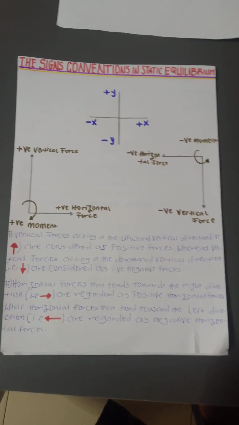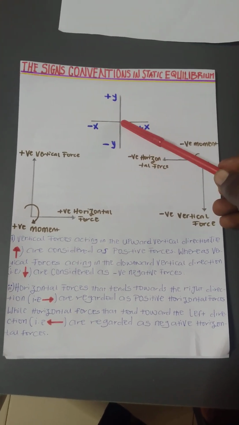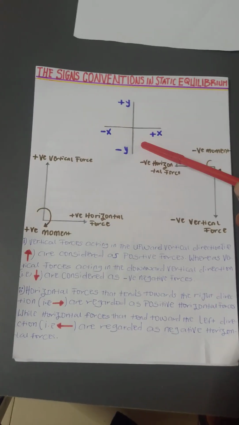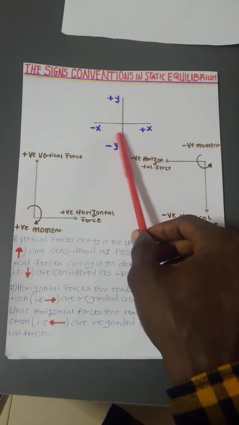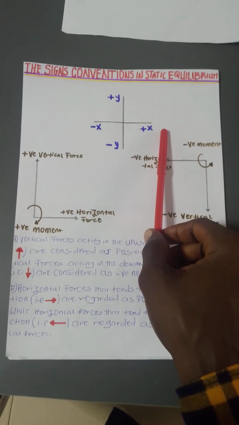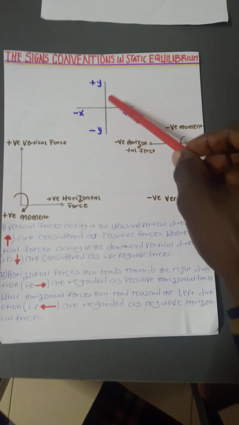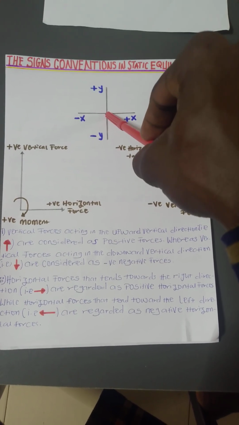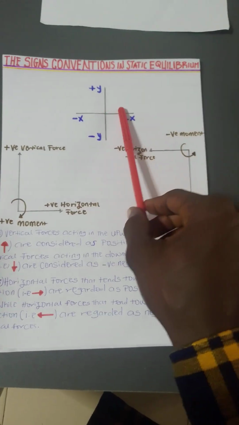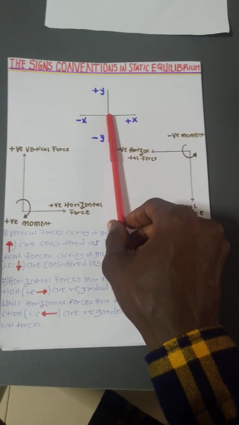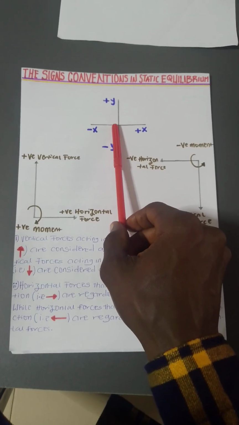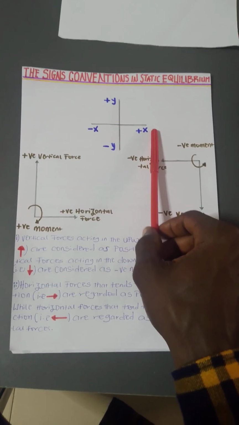You must have seen that when you have coordinates like this, the y direction going upward is always positive. The x direction going towards the right is always positive. So if you have zero here in this coordinate, numbers going towards the right are always positive.